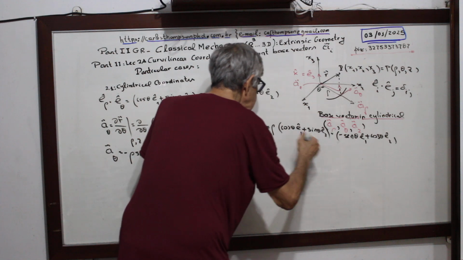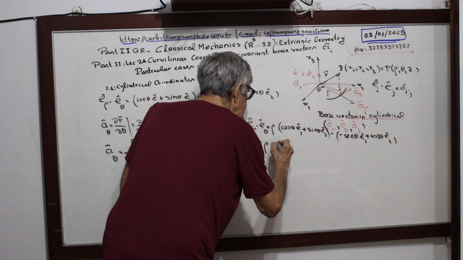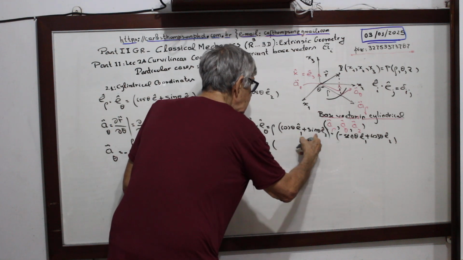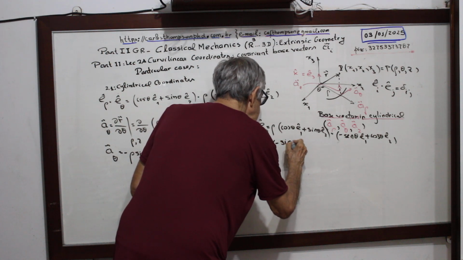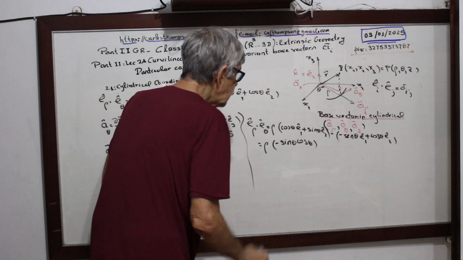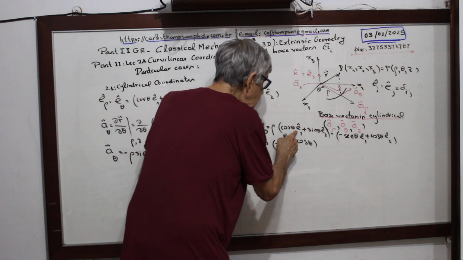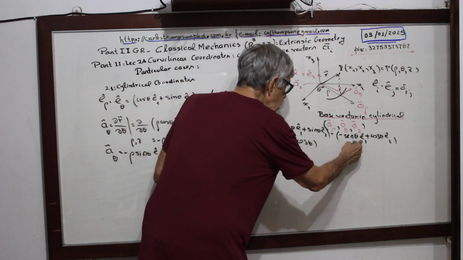So this is negative, so this will be rho that multiplies minus sine theta cosine theta. Now, the dot product between E1 and E2 will be 0. E2 dot U1 will be 0.